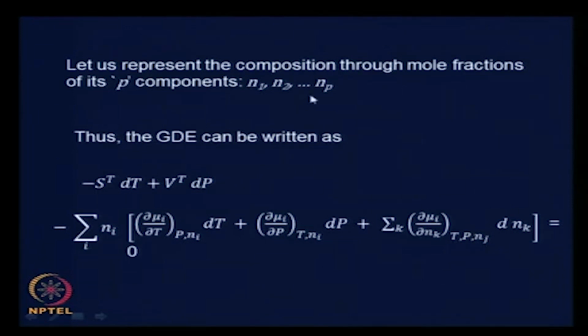The total number of components is p, this k is just used as an index for the sum of this term, and this equals 0.